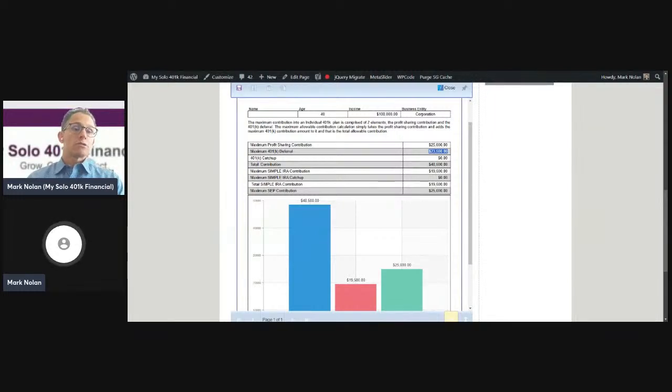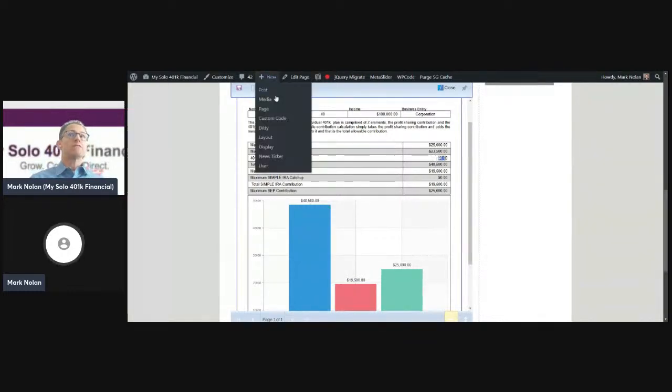So you're going to be able to contribute a total of $48,500 in Roth contributions, consisting of the $25,000 employer Roth contribution and the $23,500 employee Roth Solo 401k contribution. There's no catch-up available because this individual is under age 50.